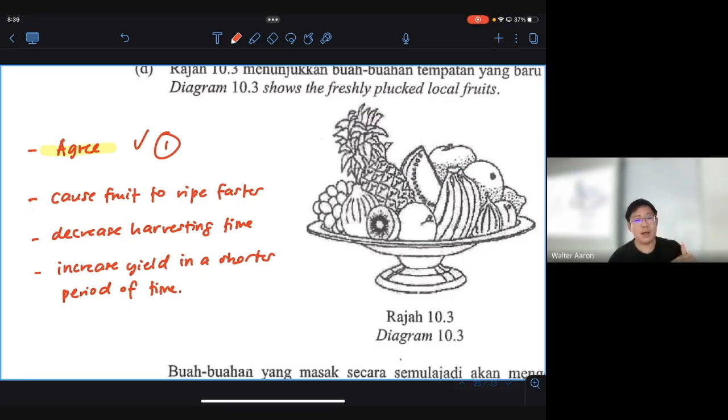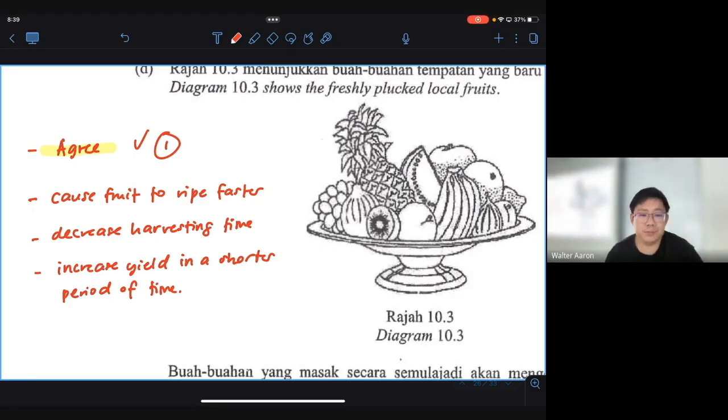So 1 mark comes from agreeing, and 2 more marks based on justification. So your reasoning must be logical. In this case, there's no fixed answer to say that you must definitely answer this. No, no, no. You can actually choose logical answers. So for example, it makes sense that if I use artificial ethene, the fruits will ripen faster, right? So that's the first justification already. It makes sense.